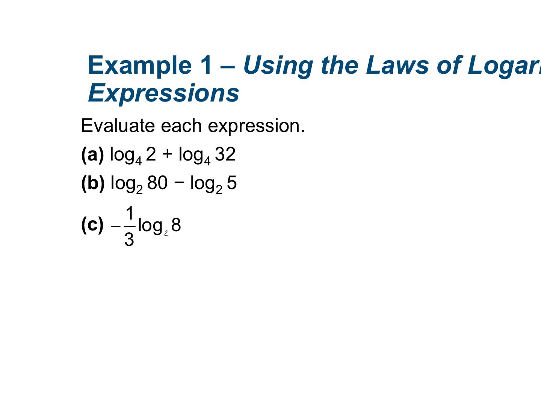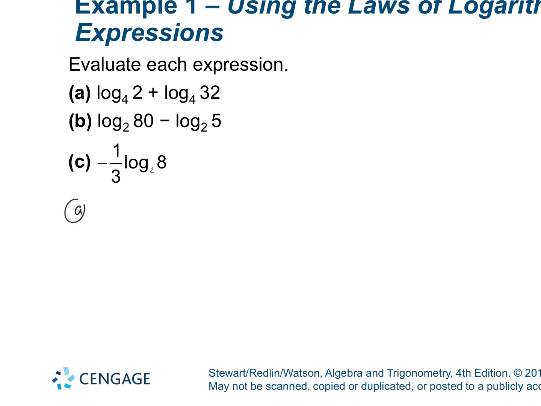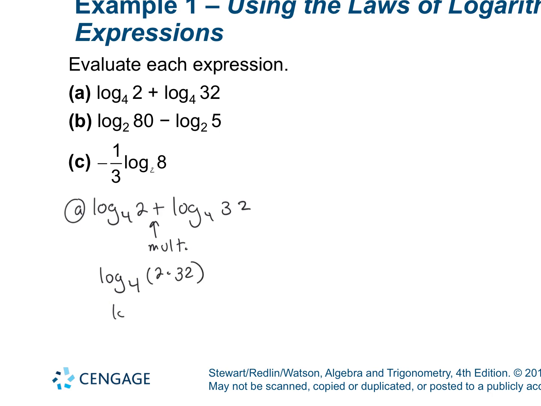Now for the first one, since we're adding, let me write it down at the bottom. Since we're adding right here, we're going to actually end up multiplying. So it's going to be log base 4 of 2 times 32. It's going to be log base 4 of 64.